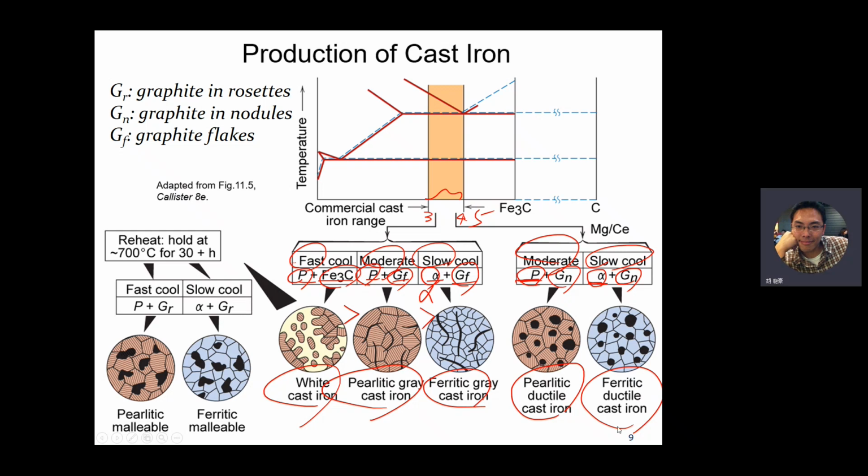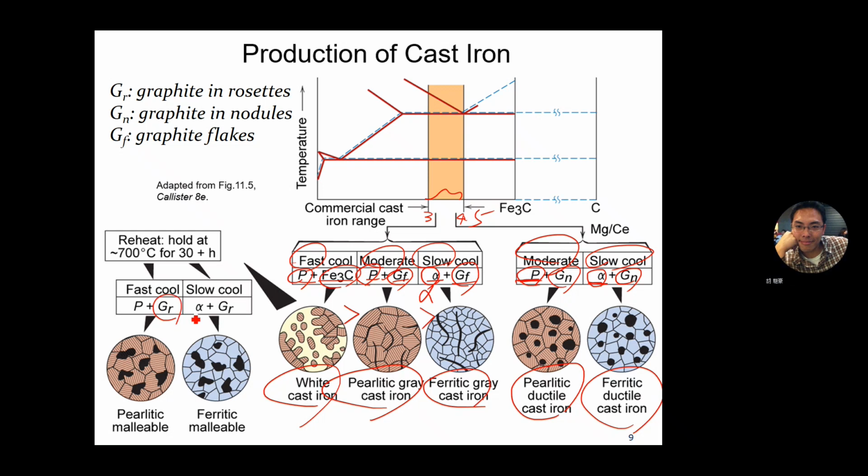And when this microstructure forms, we can reheat it at 700 Celsius for 30+ hours and cool down with different cooling rates. With the fast cooling rate, the graphite morphology will change to rosettes.